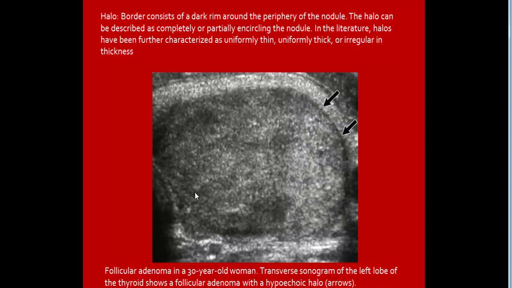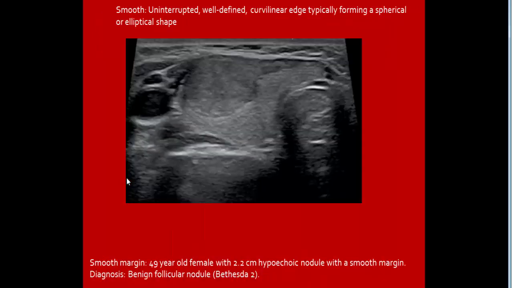This is a case of follicular adenoma. Halo of the nodule is a sign of benignity. Thyroid follicular adenoma with hypoechoic halo. Smooth margins means uninterrupted, well-defined, curvilinear, typically forming a spherical or elliptical shape. Smooth margins are signs of benignity, as in this benign follicular nodule.